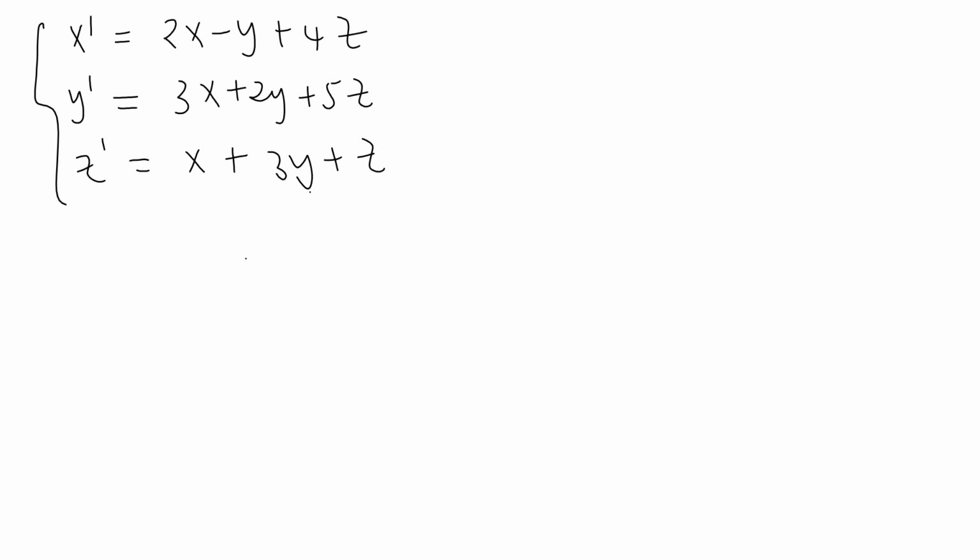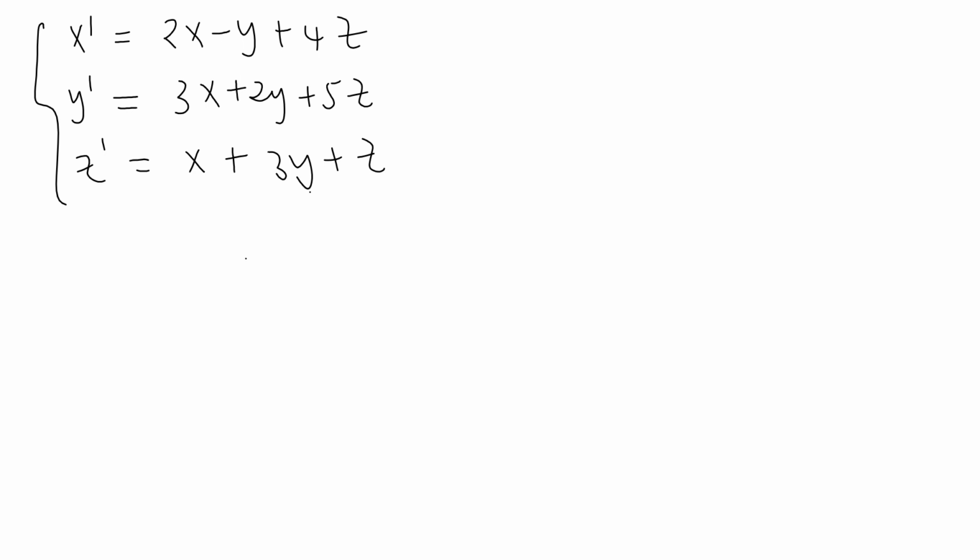Voila, this is what we have. So what do I do next? If you are not able to think, it's going to be very complicated for you, believe me, because we need to eliminate x, y, and z totally from these three equations and link up x prime with y prime with z prime. That's what we need to do.